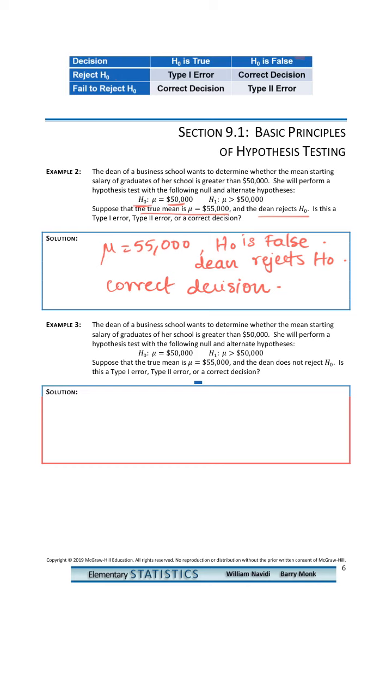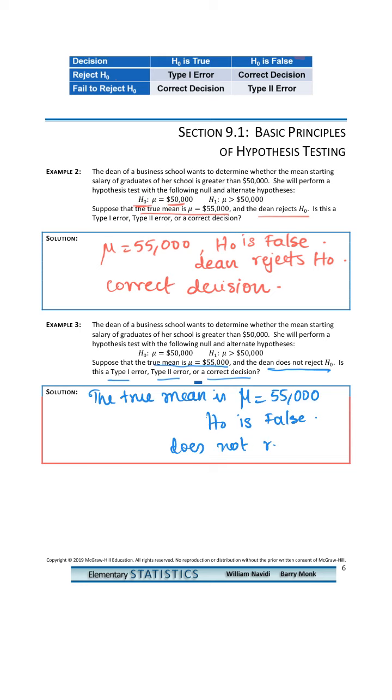Okay, now look at example 3. The true mean is 55,000. The dean does not reject H0. Is this a type 1, type 2 or a correct decision? So the true mean is 55,000 and the null hypothesis is false, because the dean does not reject the null hypothesis.